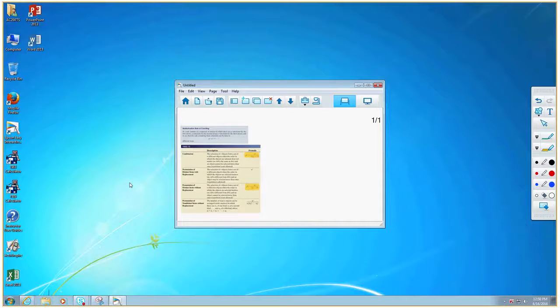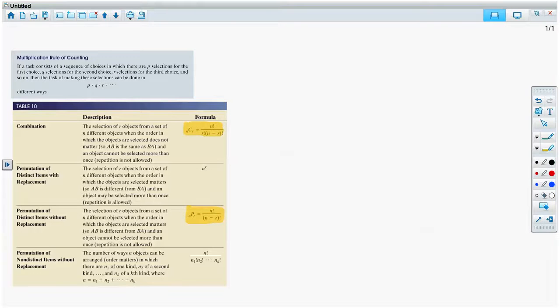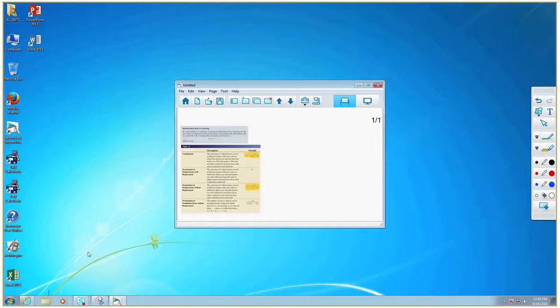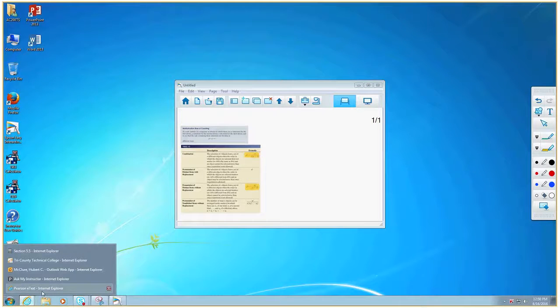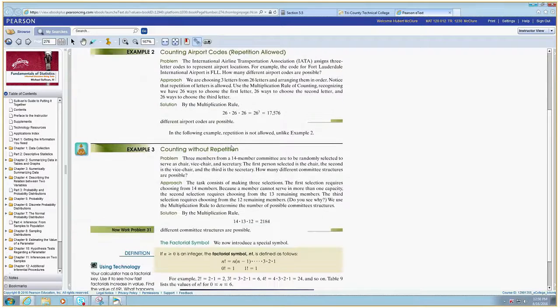Hold on. Wait a minute. Yeah, nice one. Now, is that sufficient? All right. Go and pull that other formula up. There it is.